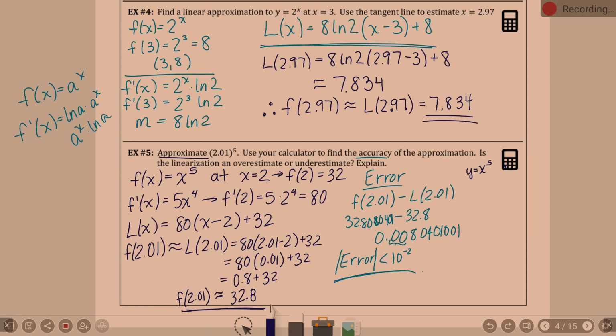Okay. It's something like that. When we start looking at 2, 2 is going to be somewhere over here, yes? And it's going to be the point (2, 32). Where's our tangent line there?